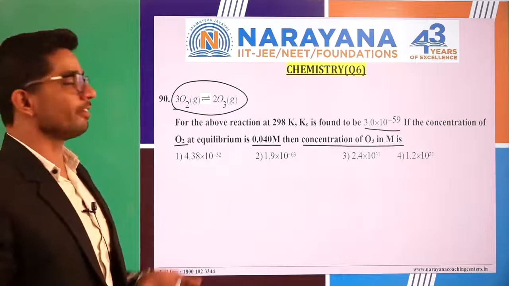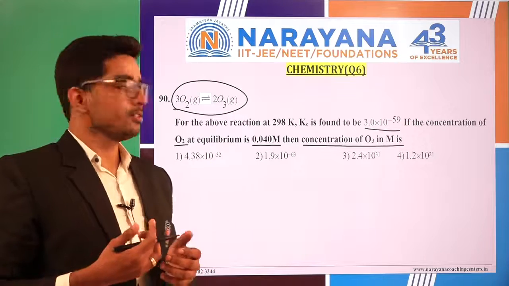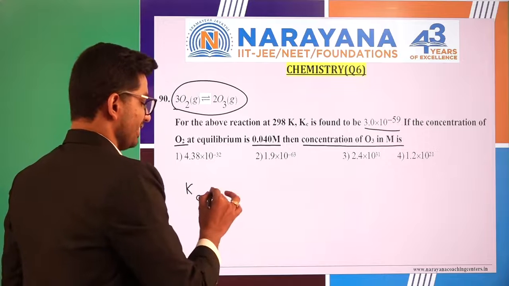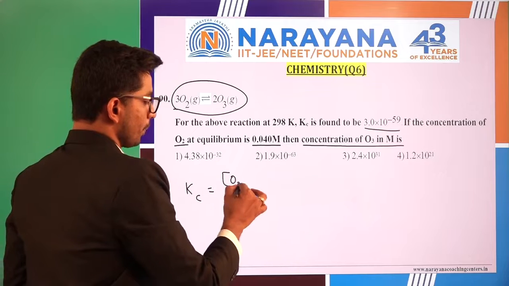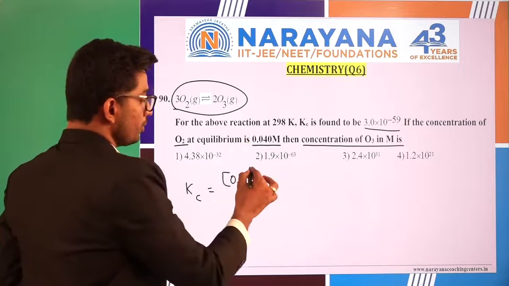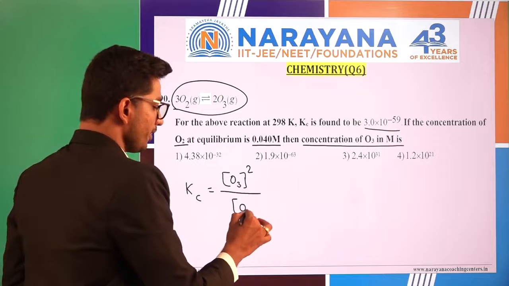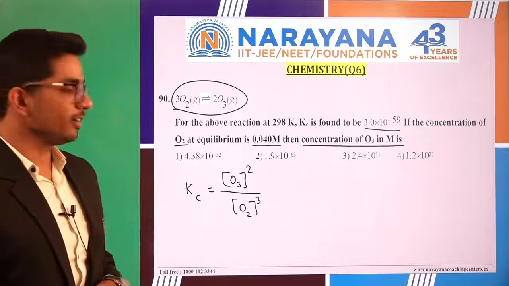So since this is a reversible reaction and the equilibrium is already established, here we can write the equilibrium constant expression Kc, and that will be concentration of product to the power of the stoichiometric coefficient upon concentration of reactant to the power of its stoichiometric coefficient.